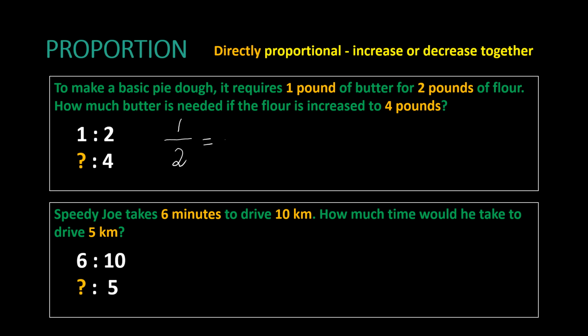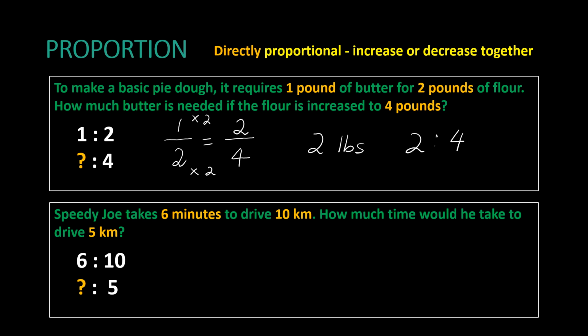We don't know what the top number is yet, and we know it's 4 pounds. So we know 2 times 2 is 4. So we multiply by 2 at the top. So now we know we need 2 pounds of butter, or 2 pounds of butter to 4 pounds of flour.